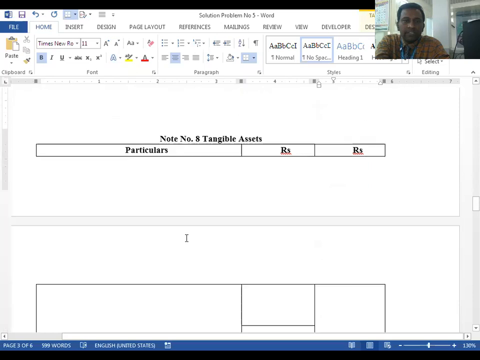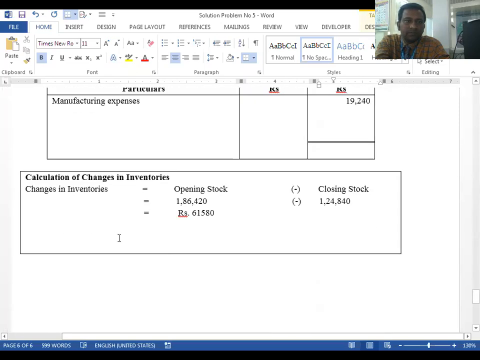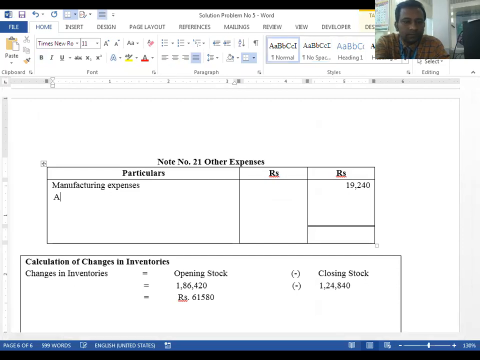Audit fees is the other expenses. 8,600.